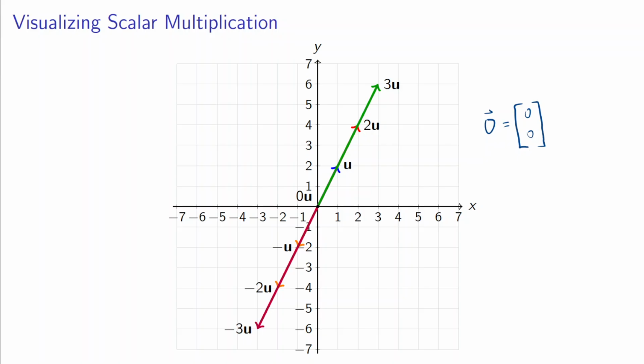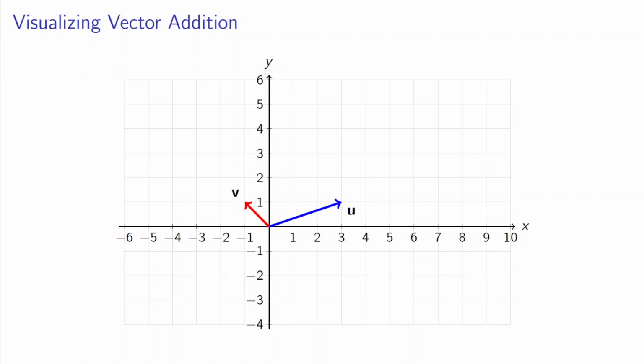When we're sketching that vector, we would literally just draw a point at the origin. It does not have a length or a direction, but it is an important vector. It does play an important role, and it is technically a scalar multiple of the vector u, since we can take u and multiply it by the scalar 0 to get the 0 vector. So something just to keep in mind moving forward in the course.